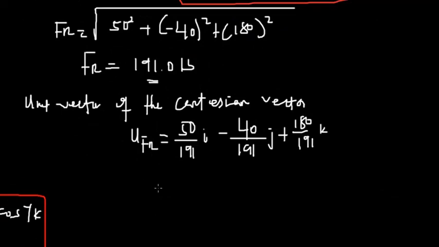Once you compute this, 50 over 191 gives us 0.2617 i.